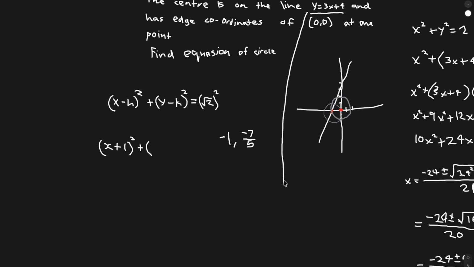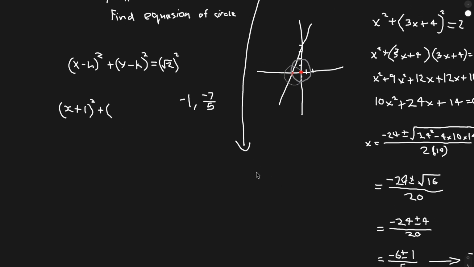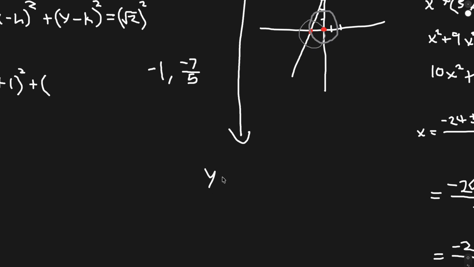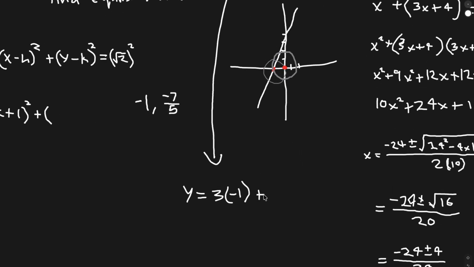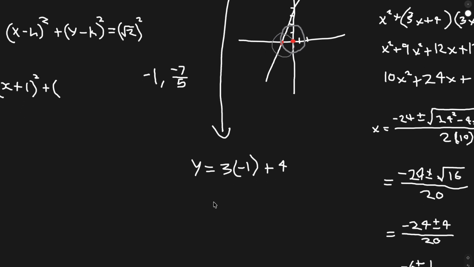So let's bring this down here. So y is equal to 3 outside of negative 1 plus 4. Y is equal to negative 3 plus 4. Y is equal to 1.